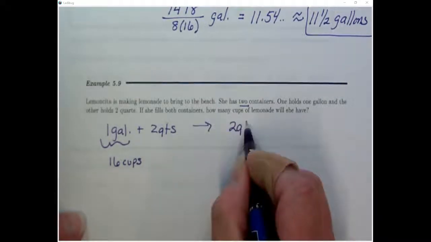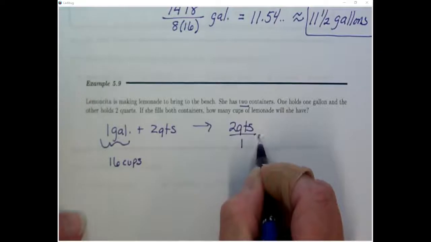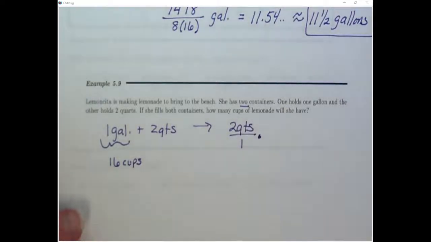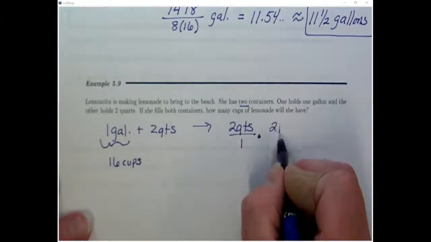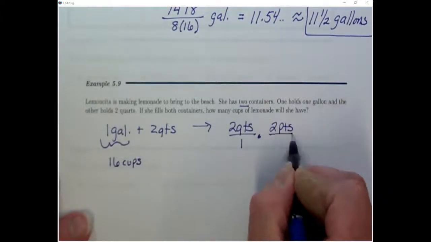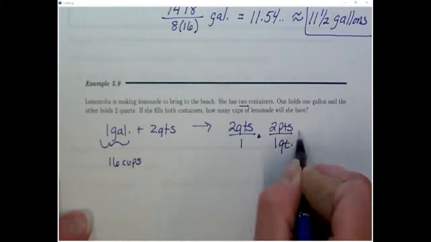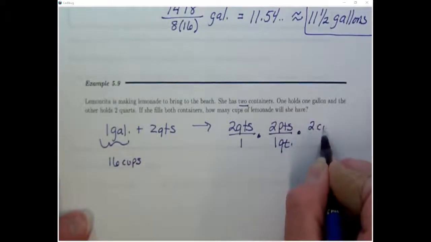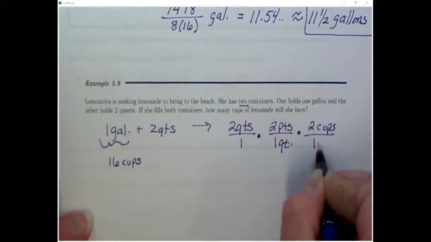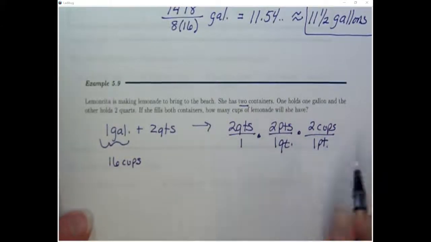2 quarts over 1. And we have 2 pints is equal to 1 quart, 2 cups, and 1 pint. A lot of these, if you use them a lot, you just remember.